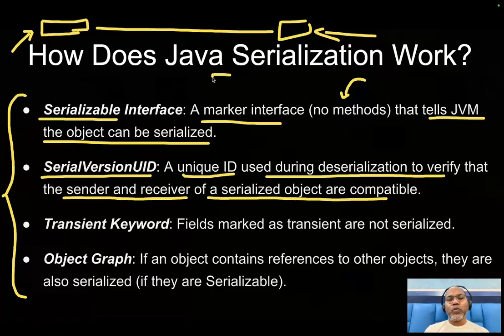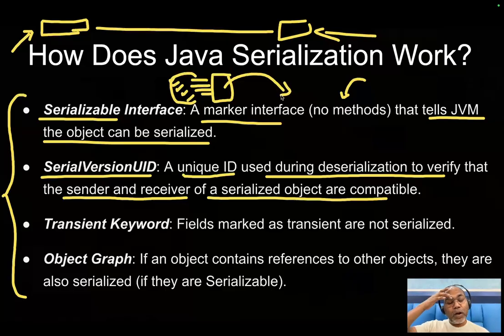Whenever you serialize an object that has state, it may have different types of fields: an integer field, float field, static field, non-static field, volatile field, transient field, lots of things. So the question is, are all the fields in your class part of serialization or not?